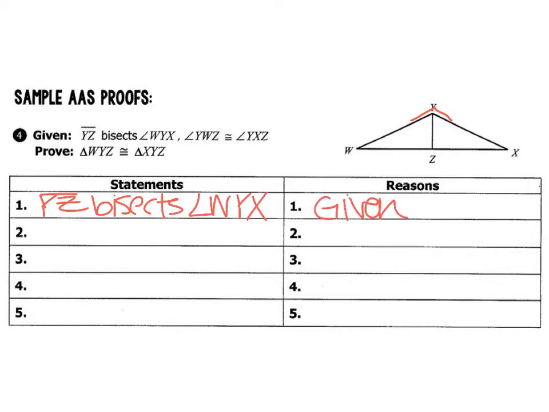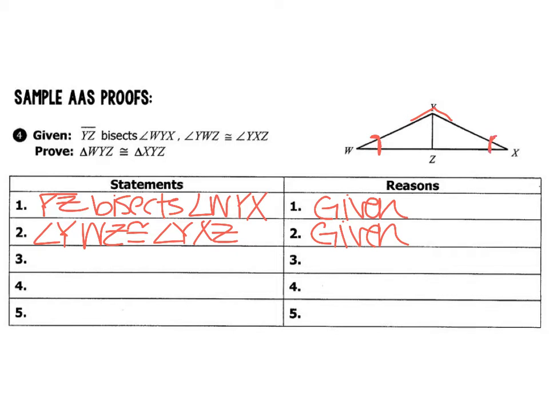We always start with our given information. Then we know that angle YWZ is congruent to angle YXZ. And this is also another piece of given information. We want to mark it on our diagram. So YWZ would be this angle right here, is congruent to YXZ, which would be this angle right here.